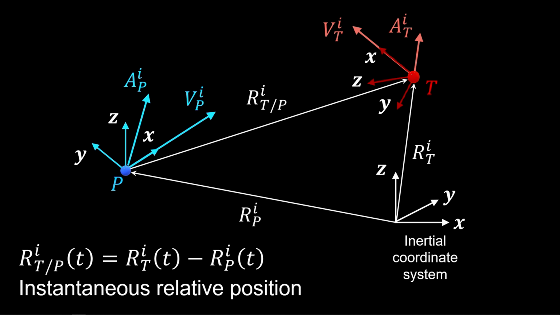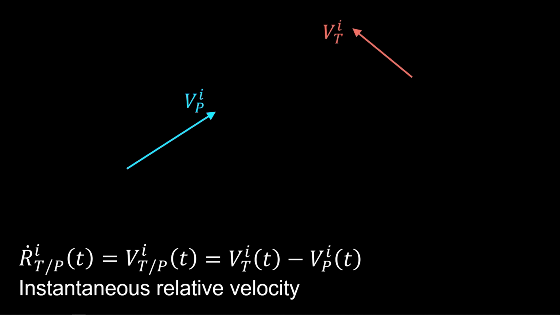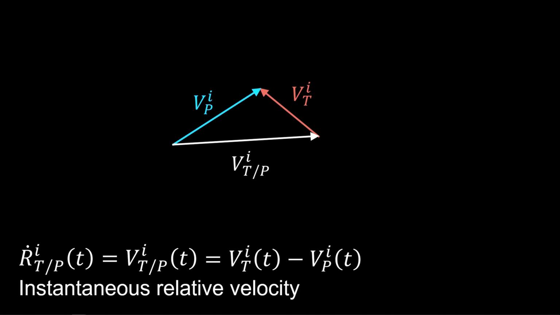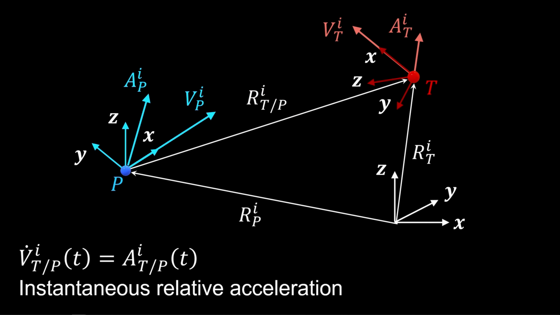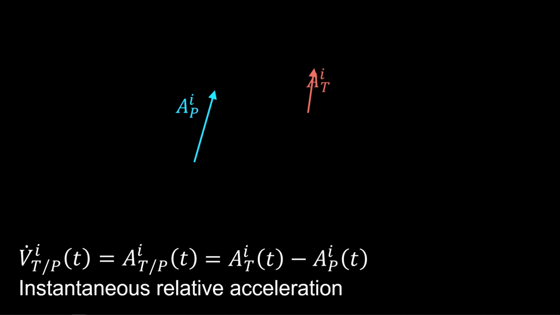The time derivative of relative position gives relative velocity. That is, the difference between the instantaneous target and pursuer velocity vectors. And the derivative of relative velocity is relative acceleration. Similarly, the difference between the target and pursuer acceleration vectors.